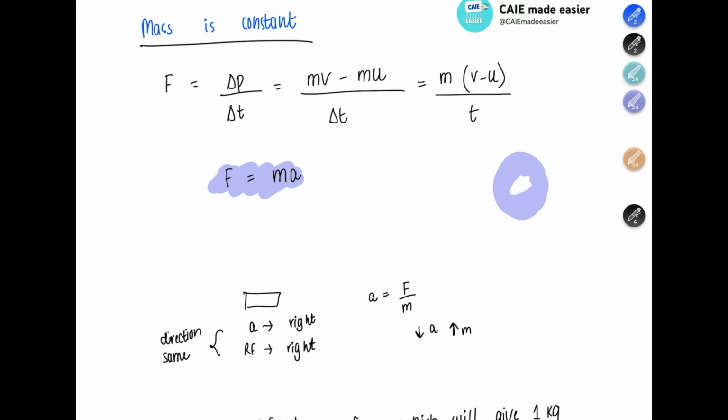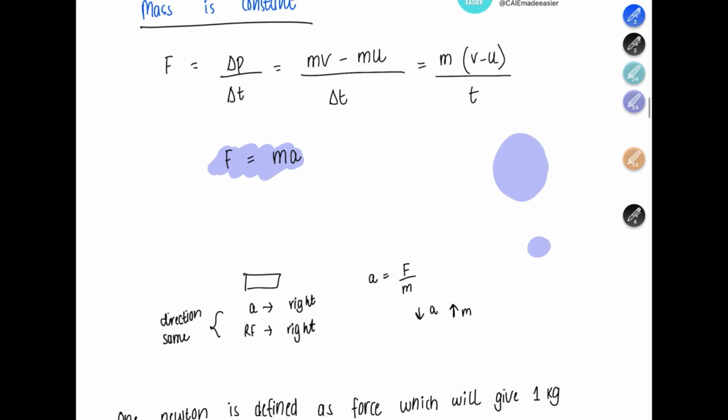If you kick both of them, of course the light plastic ball will go much further. It will have a greater acceleration compared to a big heavy ball which has a lot of mass. It will not have a great value for acceleration. Also, it's important to notice that the direction of the resultant force and acceleration is the same. If the resultant force is towards the right, it will accelerate towards the right as well.